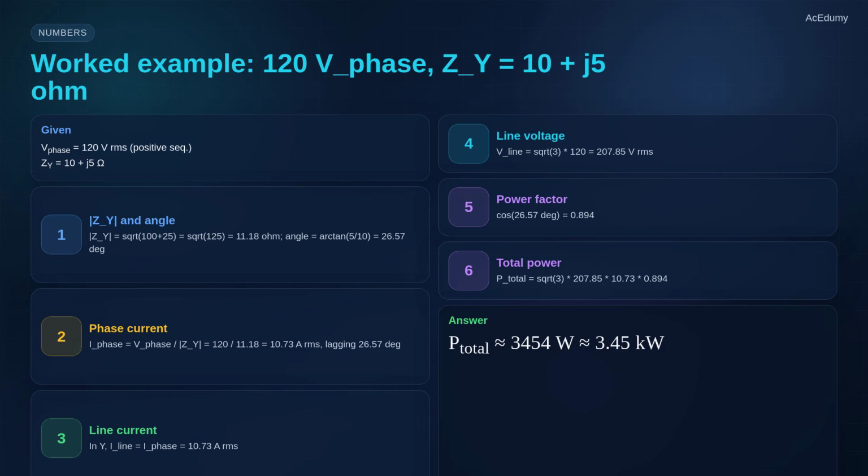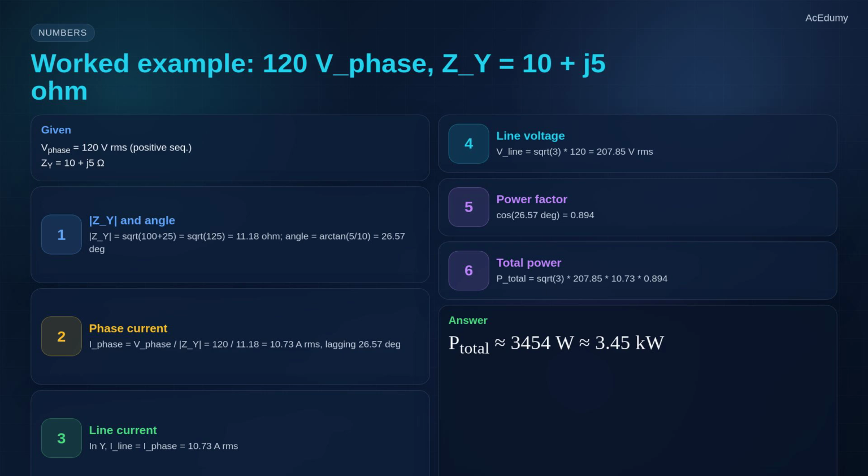The angle is the arctangent of 5 over 10, which is 26.57 degrees. Phase current: I phase equals V phase over ZY, which is 120 divided by 11.18, giving 10.73 amperes RMS, lagging by 26.57 degrees. Line current equals phase current, 10.73 amperes.